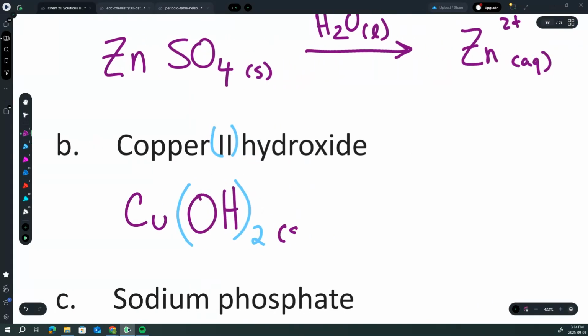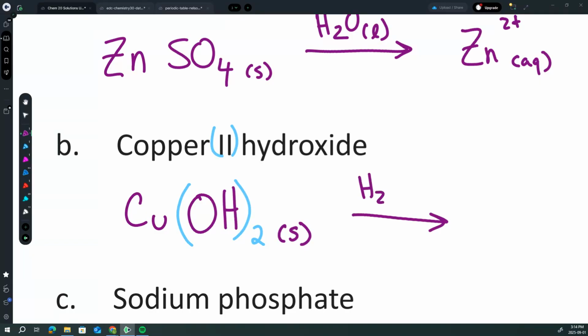By the way, you can always assume an ionic compound at room temperature when it's not in water is a solid. And right over top of the arrow, I'm just saying water, to indicate that we're putting copper 2 hydroxide in water.